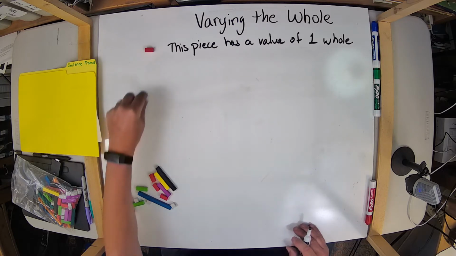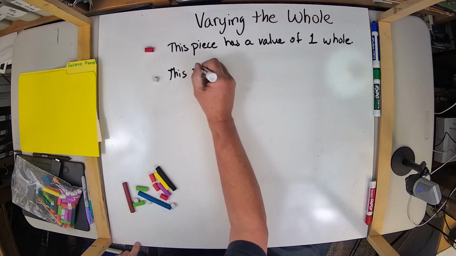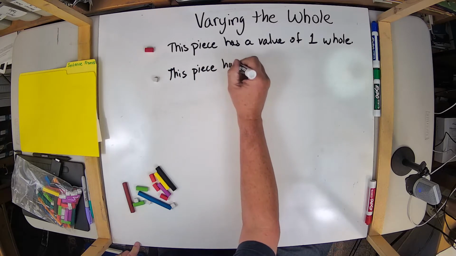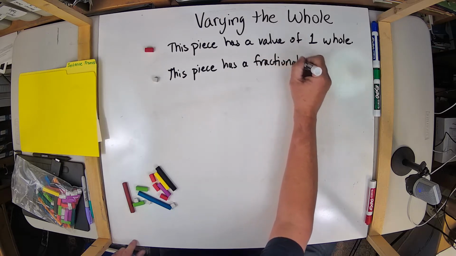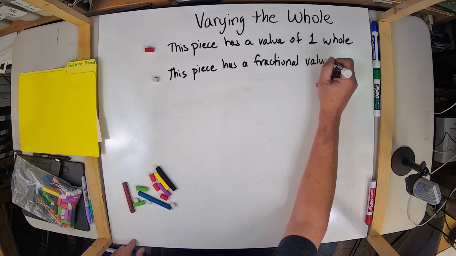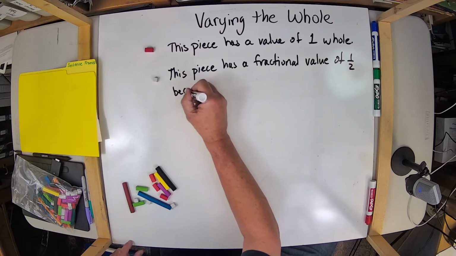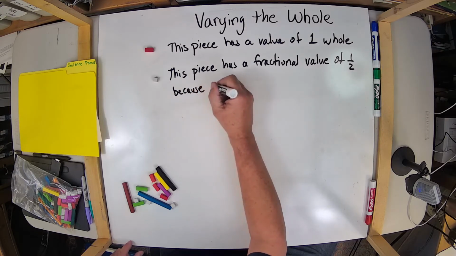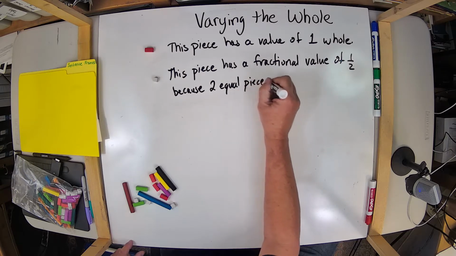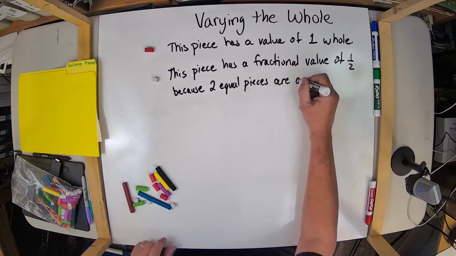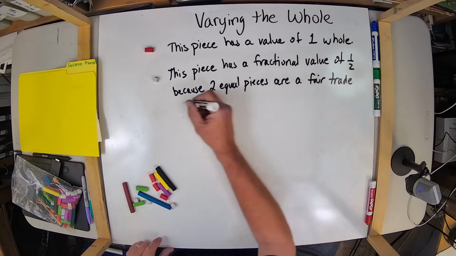And then I'm going to say this piece has a fractional value of 1/2 because two equal pieces are a fair trade for 1 whole.